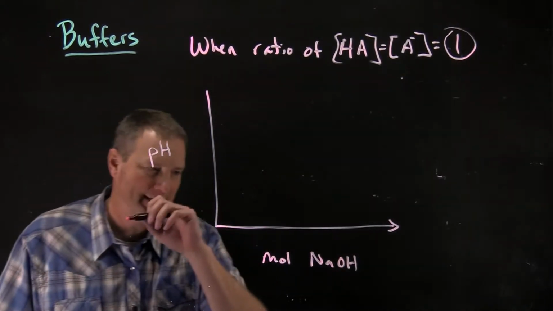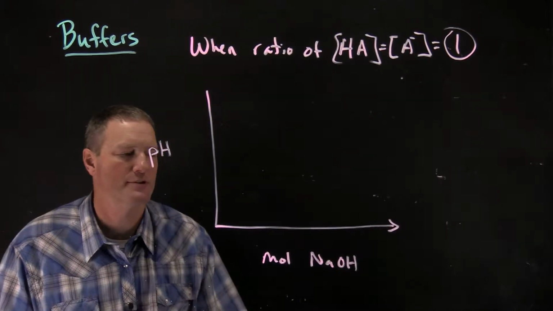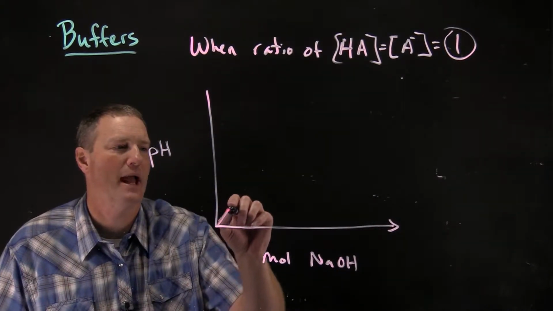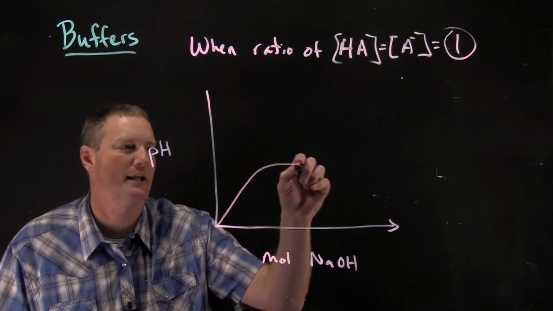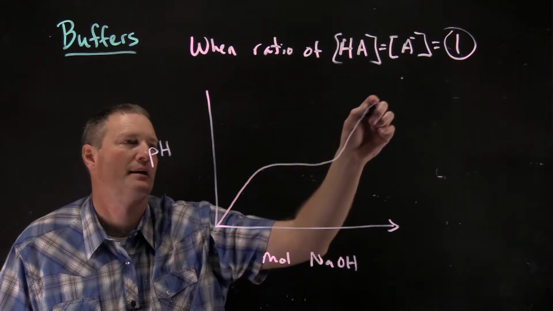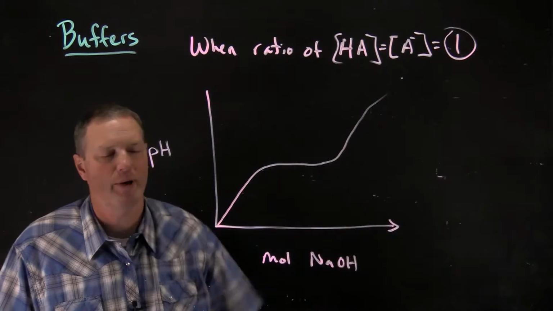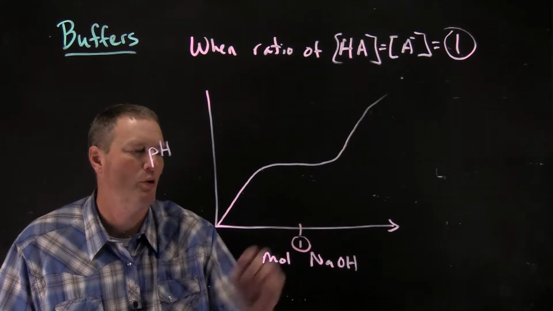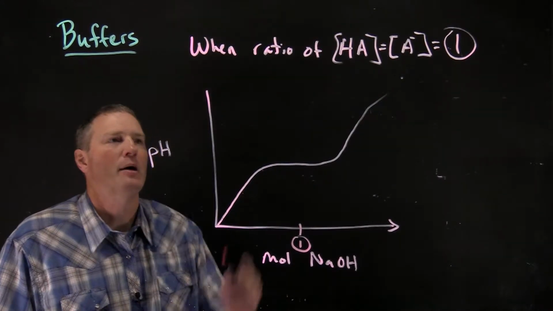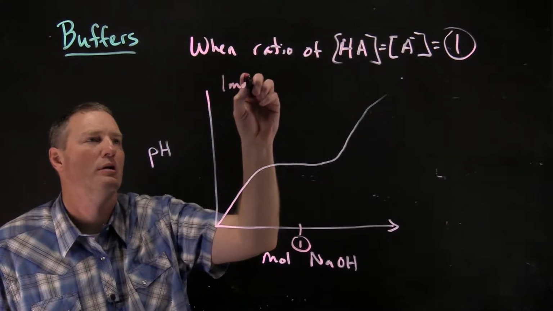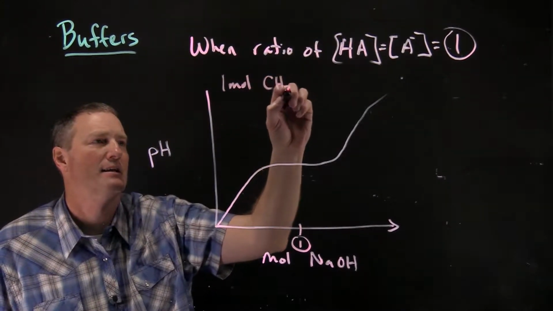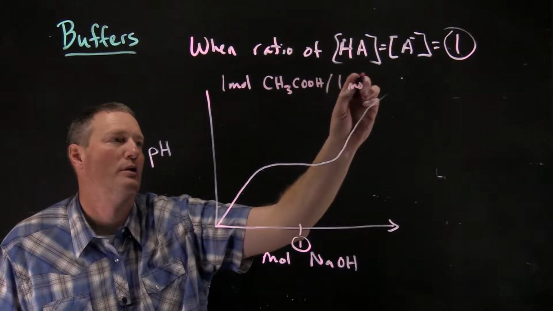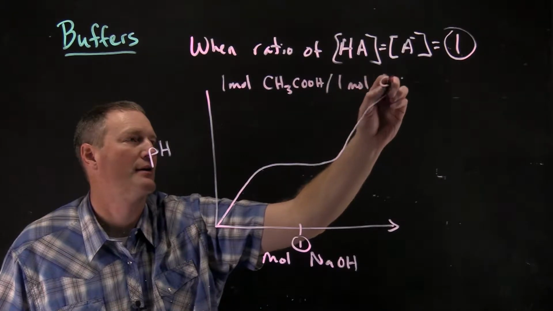What you would see is when you have no sodium hydroxide present, you would get a curve as you add sodium hydroxide that ends up looking kind of like this. We won't go all the way out to lots of NaOH, but here I would add 1 mole of NaOH. But I have 1 mole of acetic acid and 1 mole of acetate in my buffer.